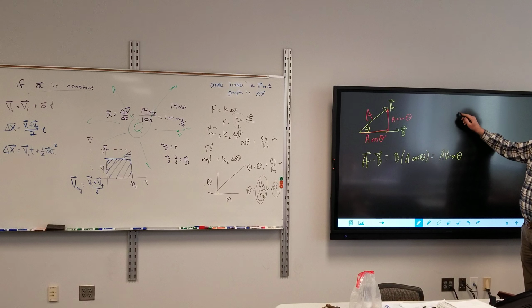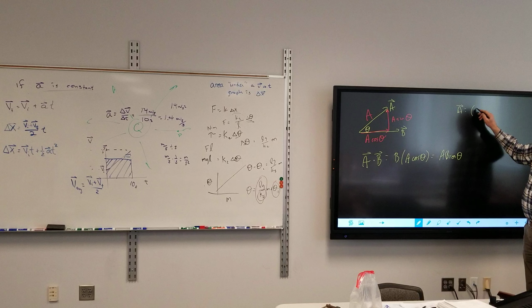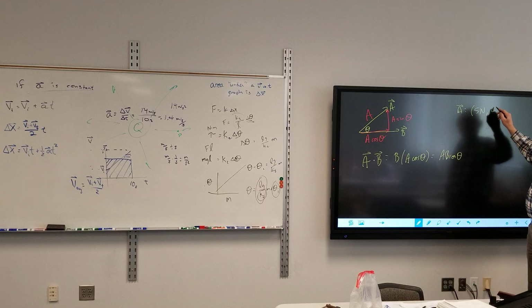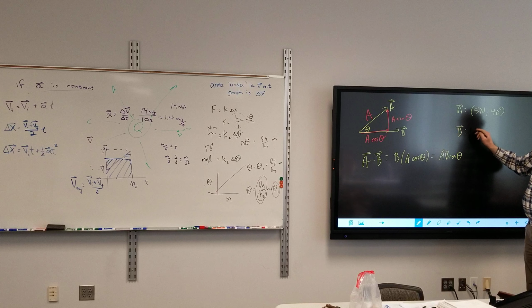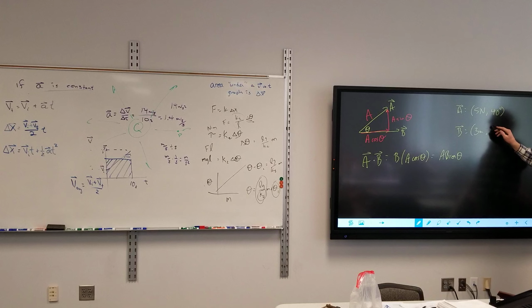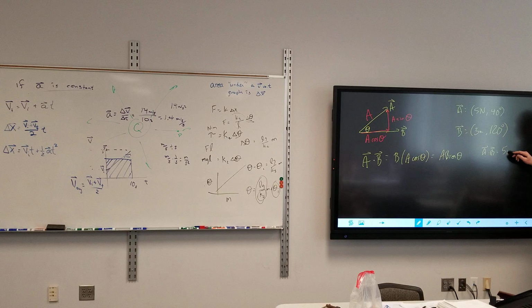So for example, if A is 5 newtons, 40 degrees, and B is 3 meters, 120 degrees, then A dot B is just the magnitude of A times the magnitude of B times the cosine of the angle between them, which would be 80 degrees, just the difference in the angles.